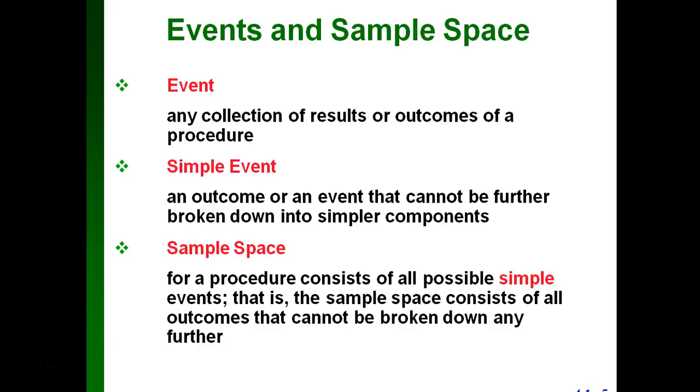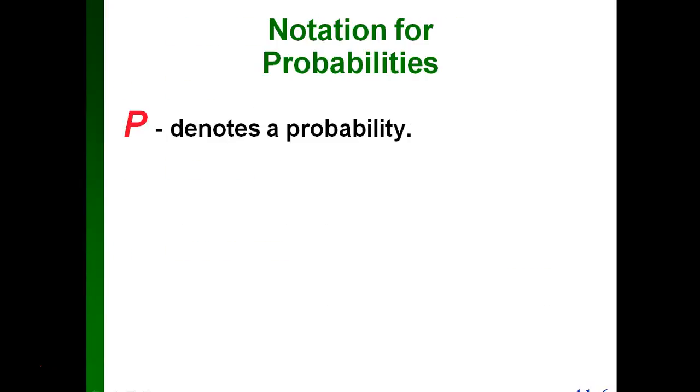We need to look at the big picture first, see what all the things that could happen are, and then start to look at particular events. We'll use a capital P for probability, and you'll notice now until the end of the semester we'll see the letter P a couple of different ways. A capital bold P means probability.